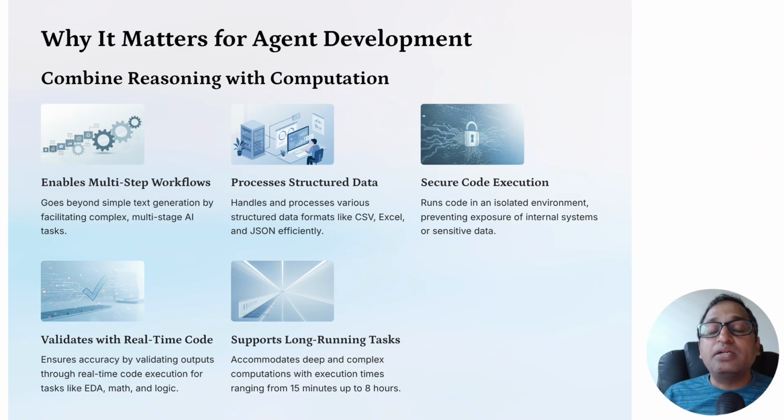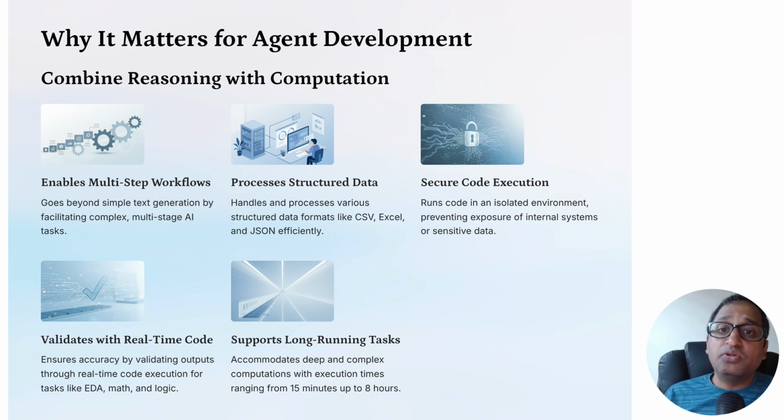And another important feature is that security remains a top priority. The code interpreter makes sure that any code execution happens in an isolated environment, so that any internal systems or customer data are not exposed to the outside world.